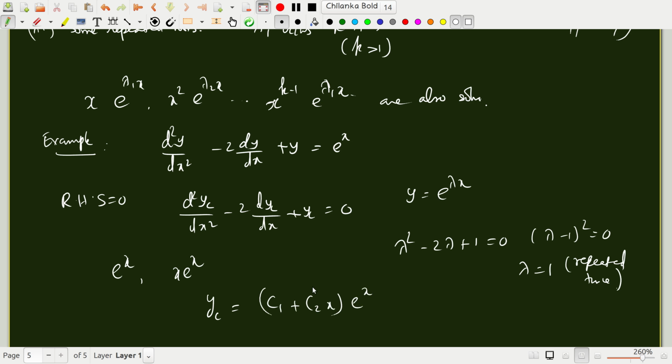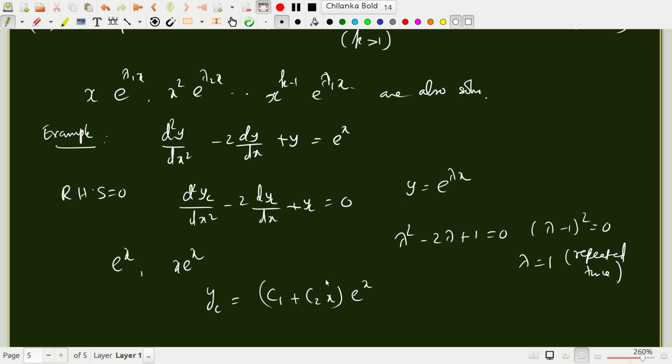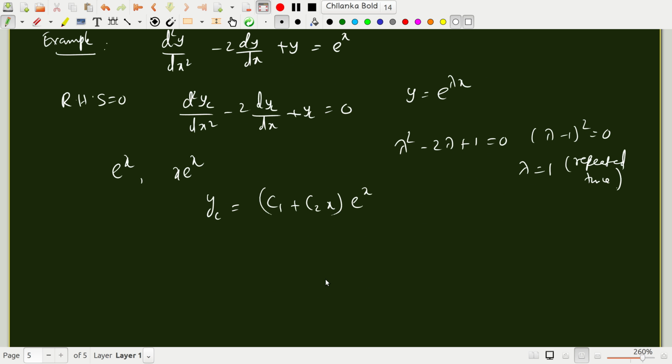To find the particular solution, you have to keep the e^x on the right side as well. This is the complementary solution. There is no single generally applicable method. You have to do a little bit of trial and error. If the function is of the form e^x, then you can try y particular as some multiple of e^x.